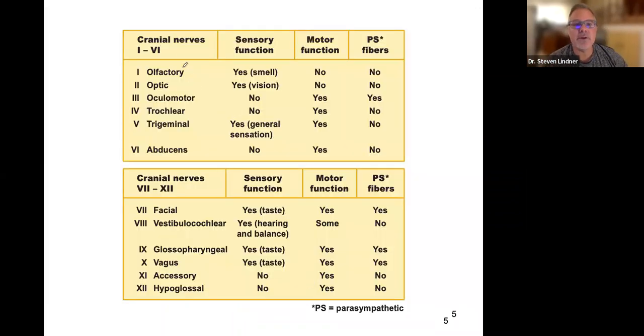And on this picture, again, it's just showing you the name as well as Roman numeral. Be familiar with them. It tells you the sensory, motor, and PS is parasympathetic. So parasympathetic is 3, 7, 9, and 10. Those are the parasympathetic fibers.